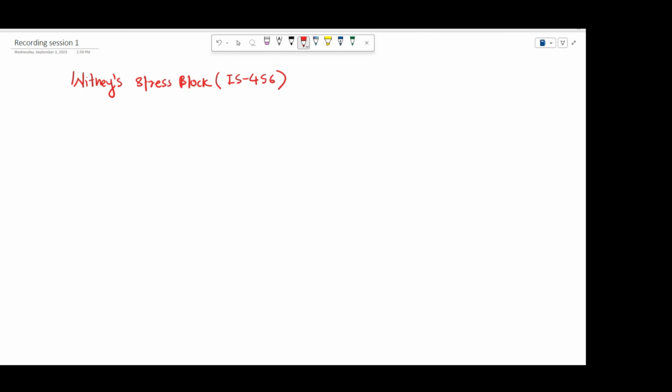So in this session I'll be trying to explain to you in depth how this stress block came into the picture, and what the exact philosophy is of the way it has been shown in the codes.